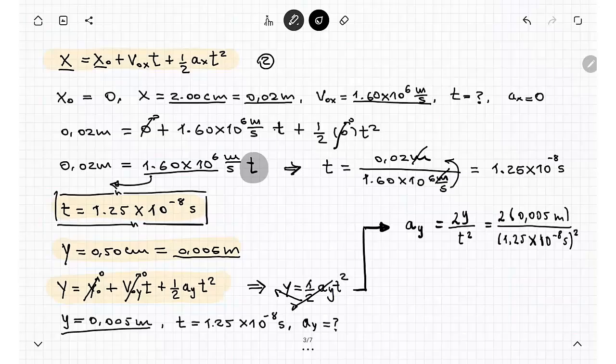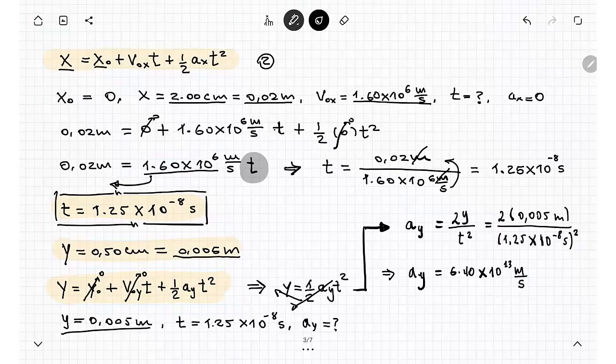If we put all this into the calculator, we will find that the acceleration along the y-axis is equal to 6.40 times 10 to the 13th power meters per second squared.